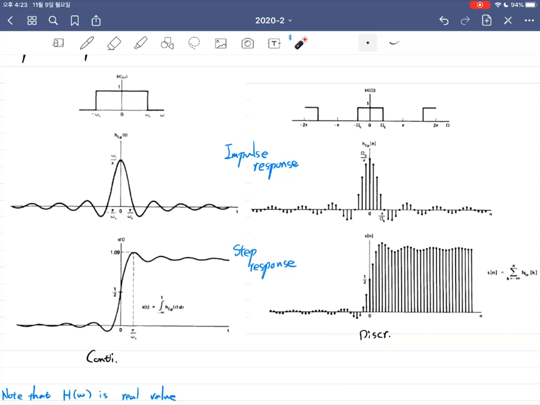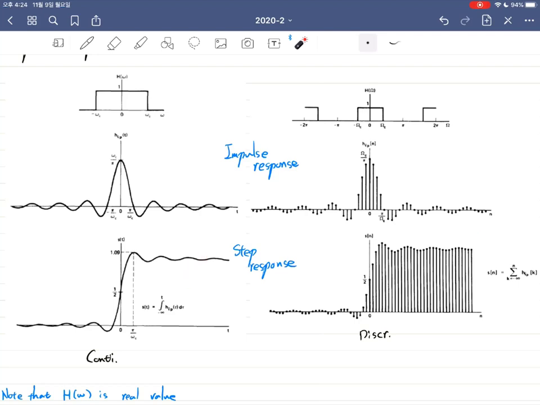If you see this step response, you can notice there is quite a lot of oscillation, like this. And in most systems, these oscillations caused by this ideal filter are not very good.